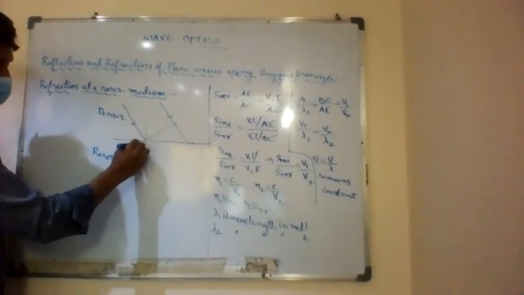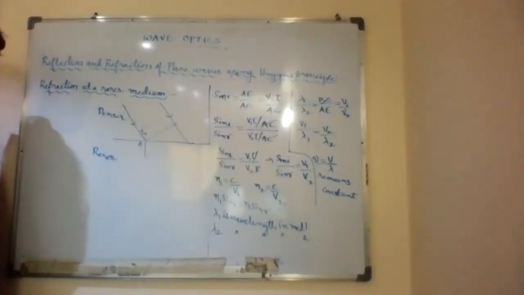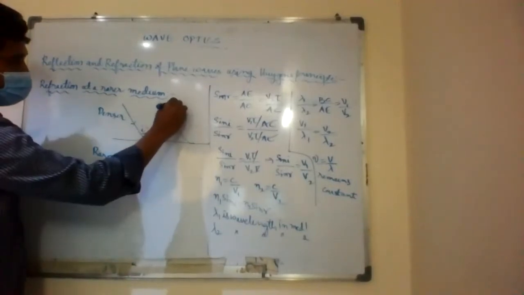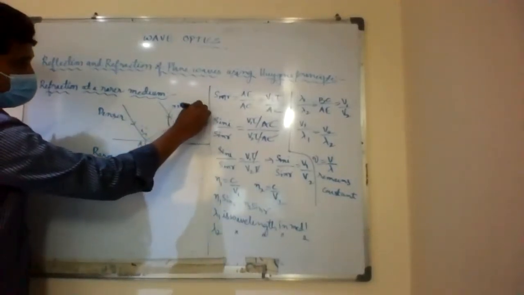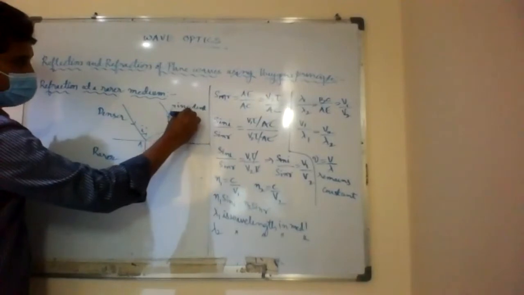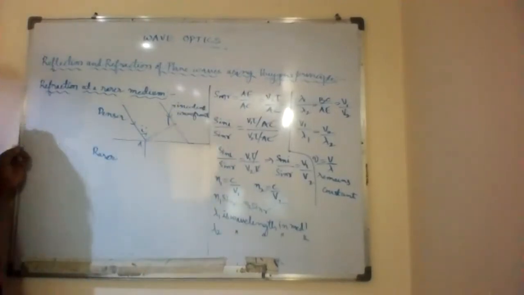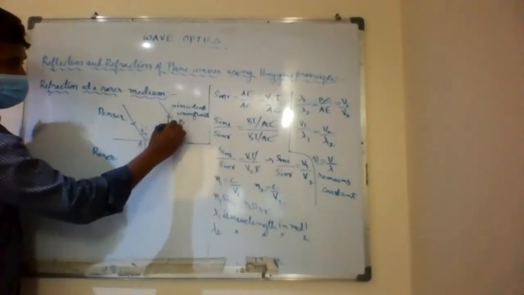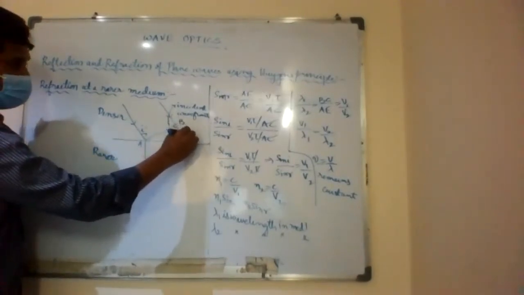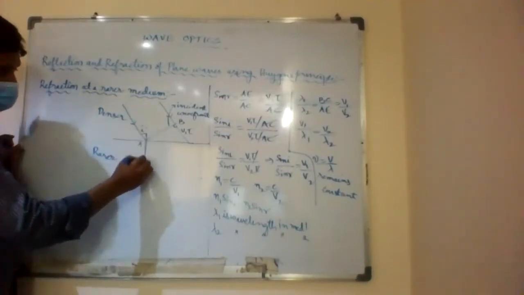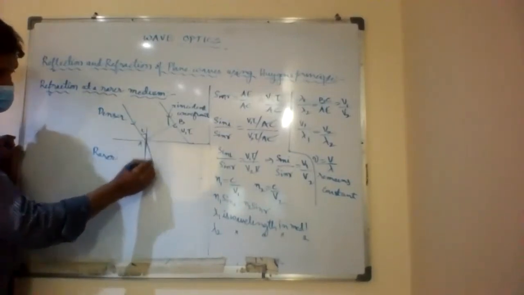Now we can draw it faster when compared to the previous one. This is I, and this is the incident wavefront. And this is AB, which is V1 tau. Now what happens? It is traveling like this.